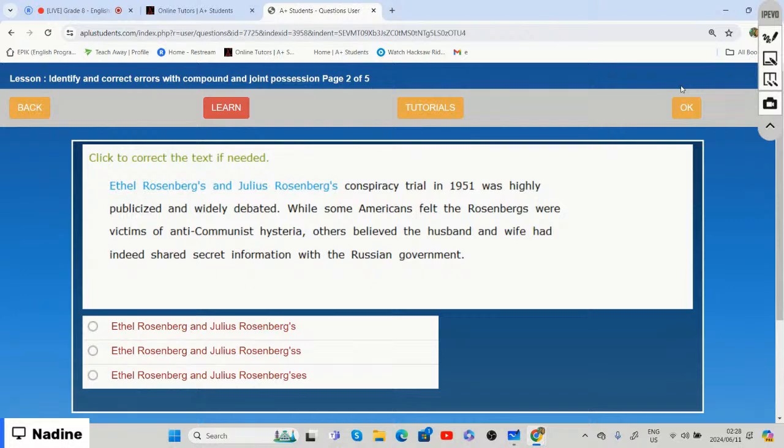All right. Ethel Rosenberg's and Julius Rosenberg's conspiracy trial in 1951 was highly publicized and widely debated. While some Americans felt the Rosenbergs were victims of anti-communist hysteria, others believed the husband and wife had indeed shared secret information with the Russian government.